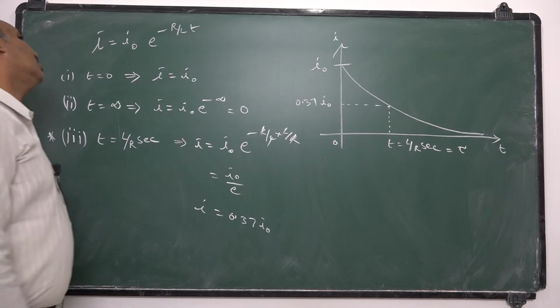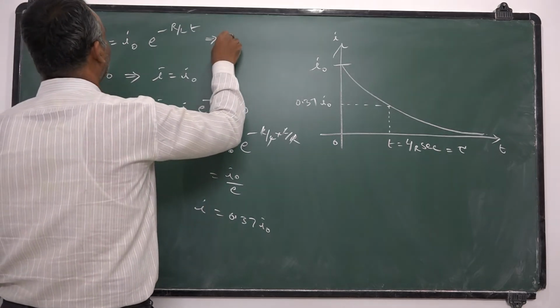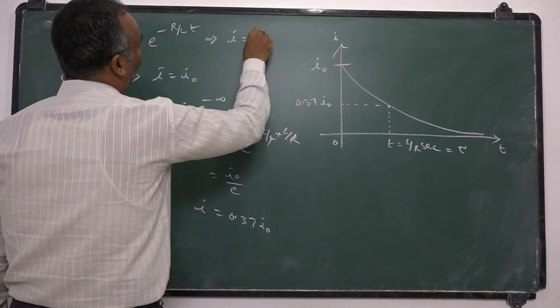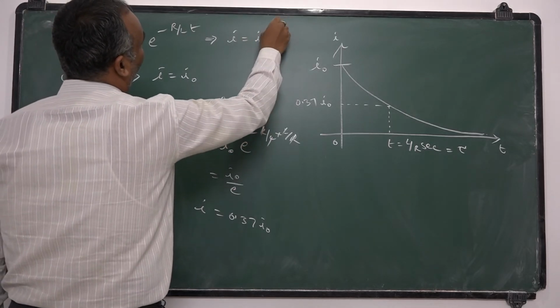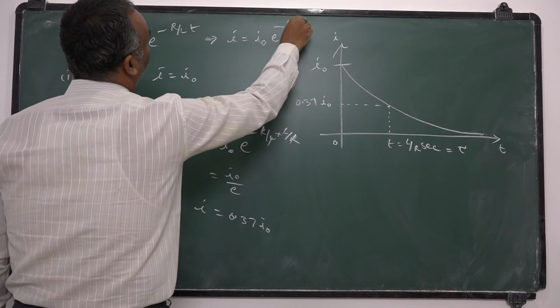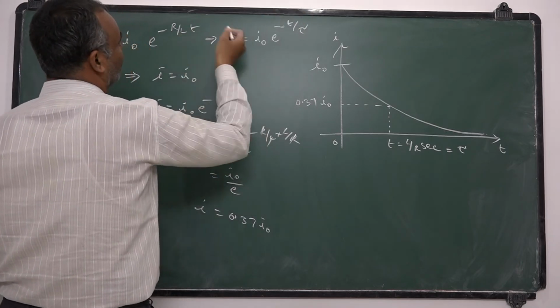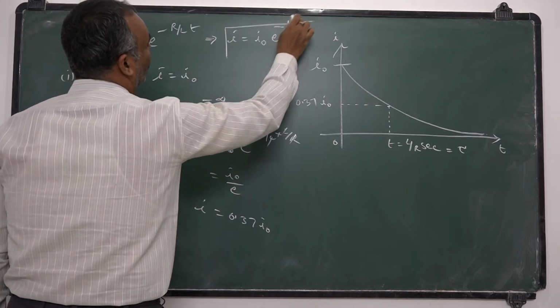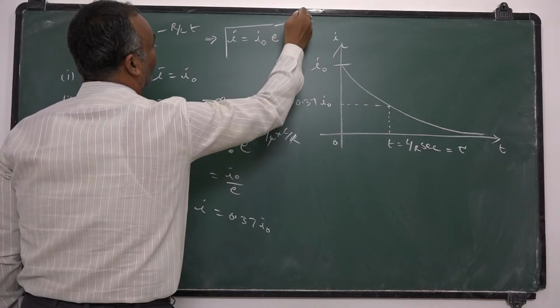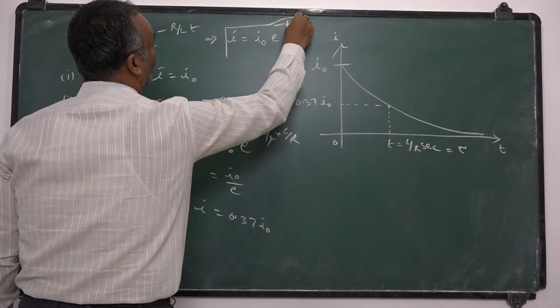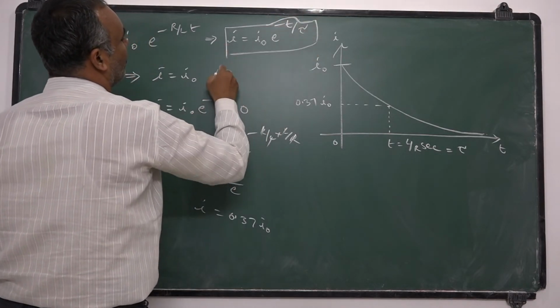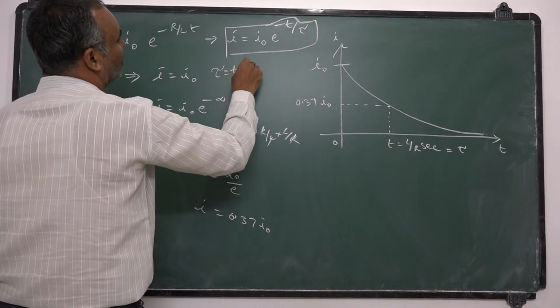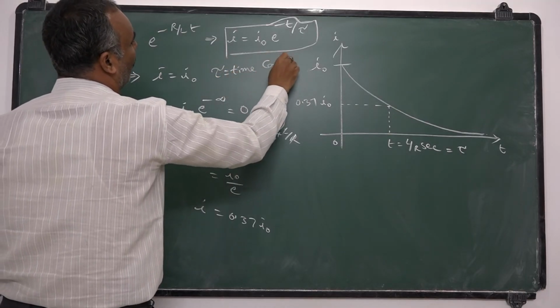Hence, this equation will alter its form as I is equal to I naught into e power minus t by tau, where L by R is tau. Here tau is the time constant.